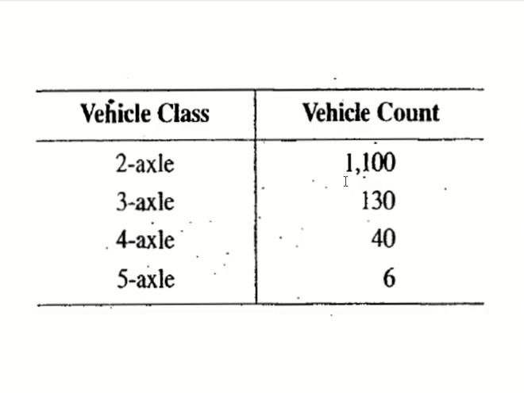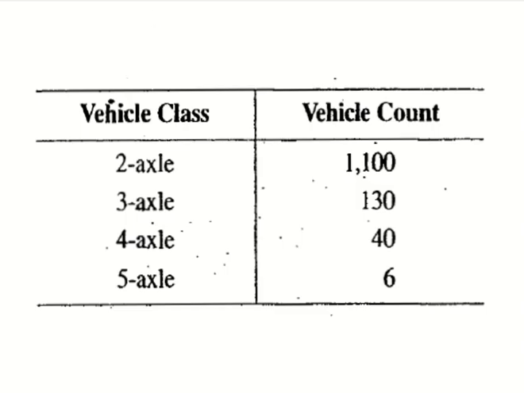So for example, they did the manual count on that location. The purpose of the manual count is to know axles per vehicle, the average number of axles per vehicle. So I need total number of axles and total number of vehicles.